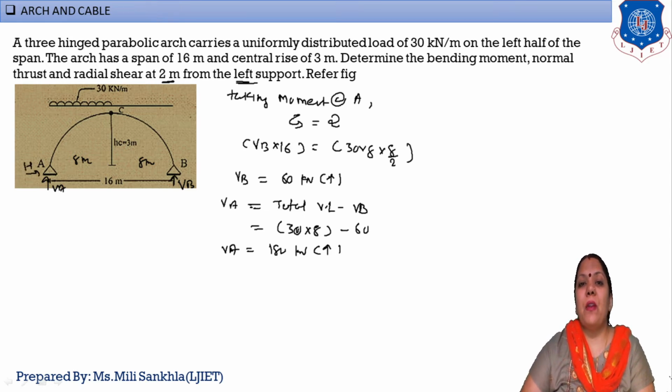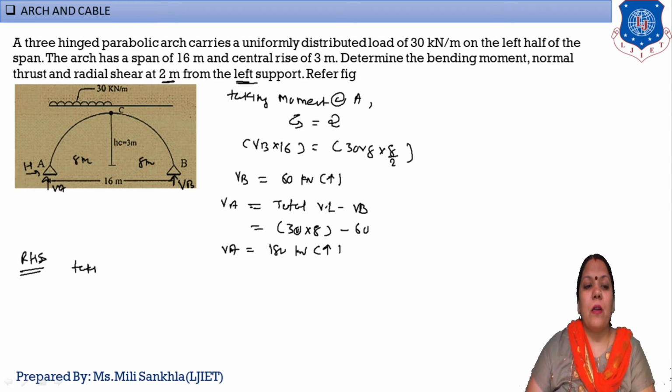Here the left hand side has UDL and the right hand side is blank, so we take the right hand side to find the support reaction H, because no load is given there. So from the right hand side, find H reaction taking moment about C. My support reaction VB rotates anticlockwise, and about C our distance is 8 meter, so VB into 8.